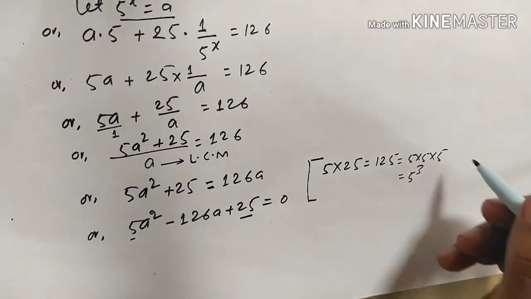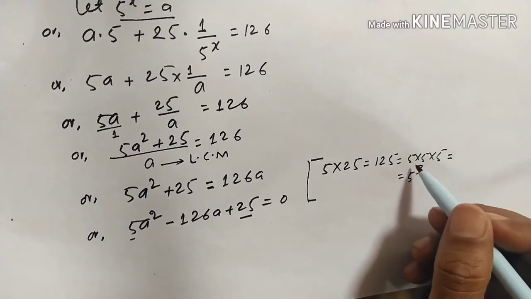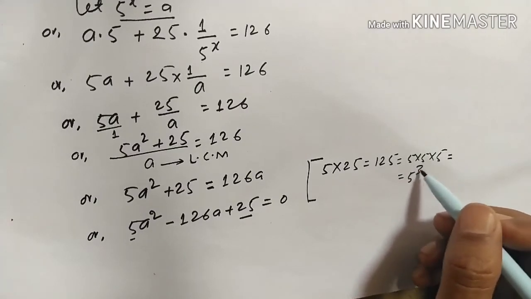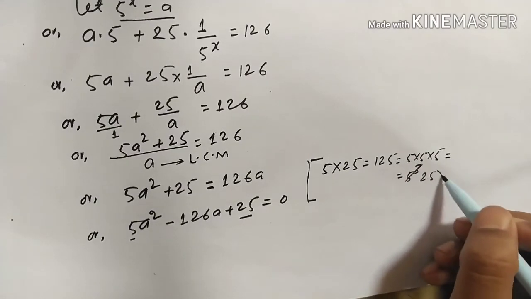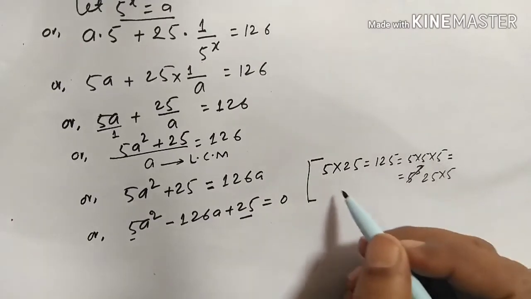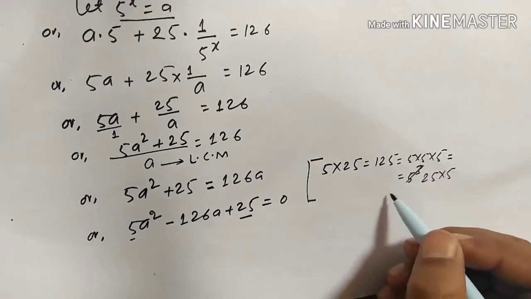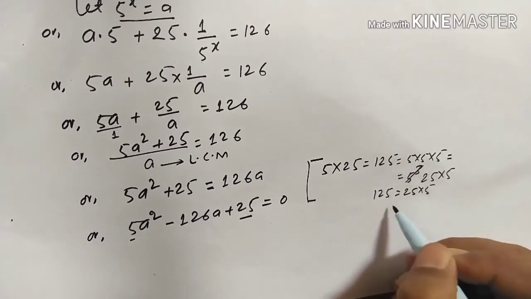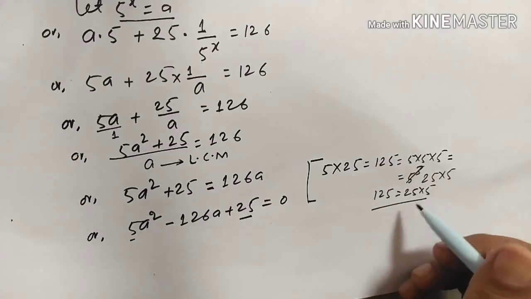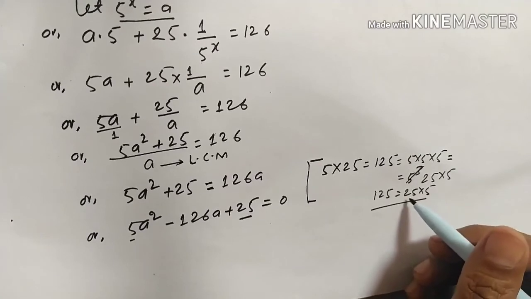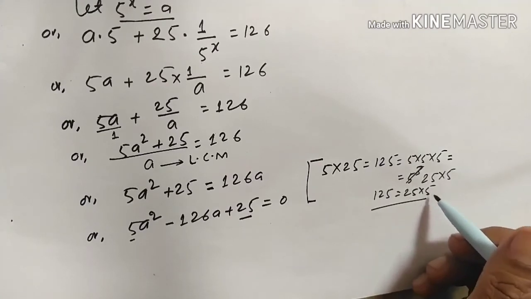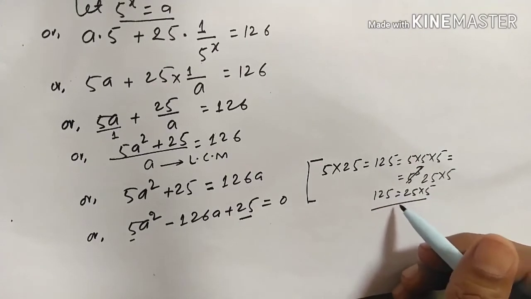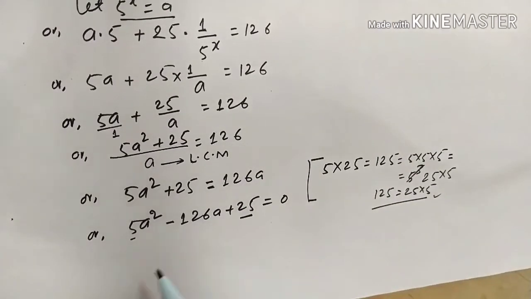So also you can write like this. Here 5 into 5 mean 25 into 5. That means this 125 has the factor 25 into 5. If you multiply 25 into 5, you will get 125. So you should use this trick here.